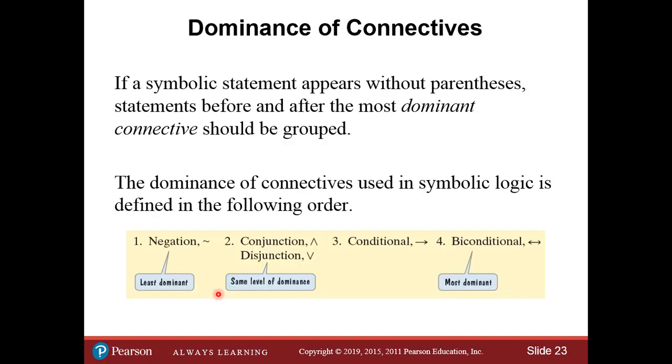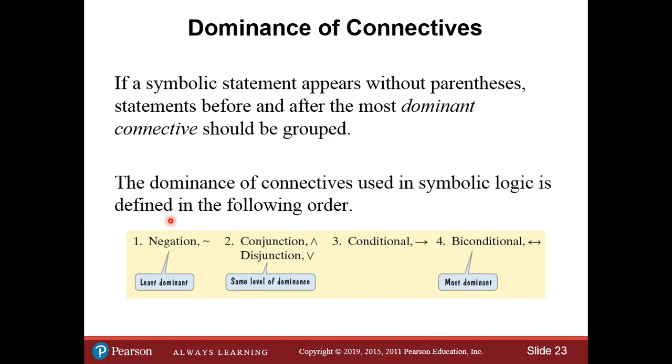Okay, now, if a symbolic statement appears without parentheses, statements before and after the most dominant connective should be grouped. Well, how do we know about dominance? Okay, so the dominance of connectives used in symbolic logic is defined in this order.